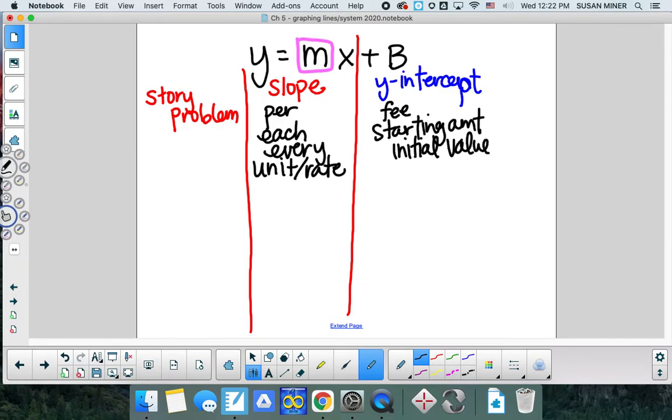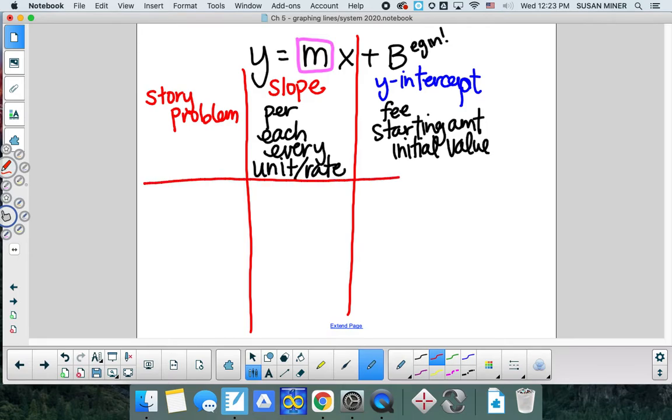In fact, we even use the letter b as the word begin, because it's a beginning amount, some kind of starting amount. So if I am given a story problem, these are the kinds of things I can look for in order to identify my slope and my y-intercept.